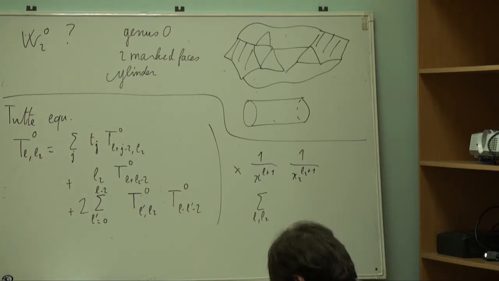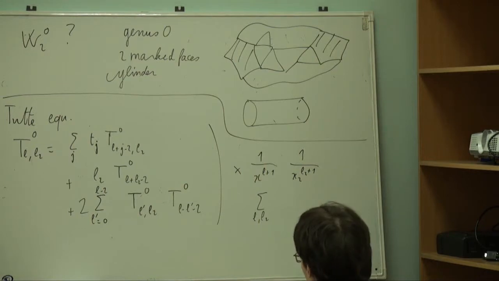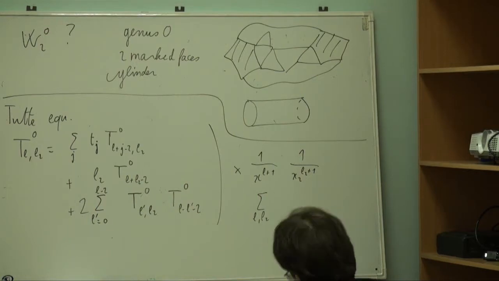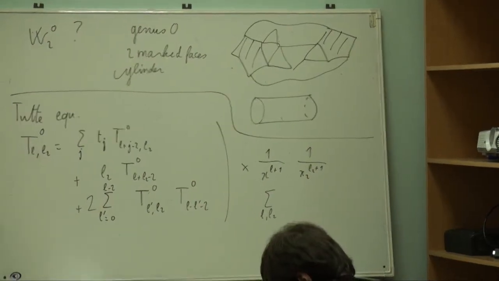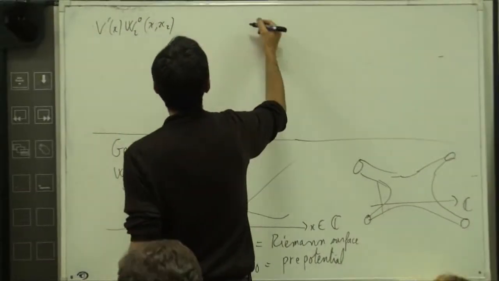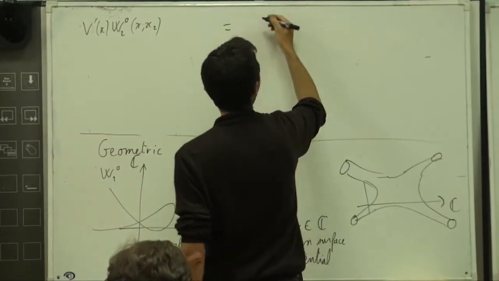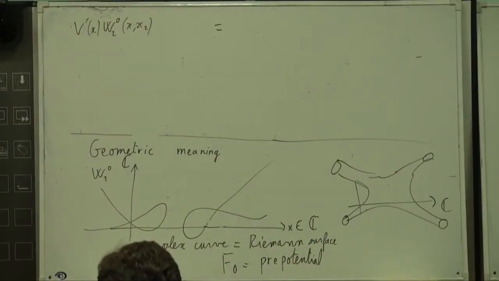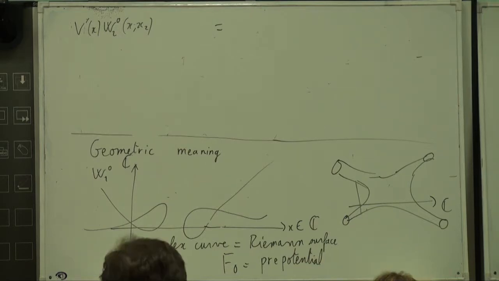So the equation for W20 will be that V'(x) W20(x, x2) equals, so in the right hand side you see that here we have a product of something with 2 marked faces times something with 1 marked face.